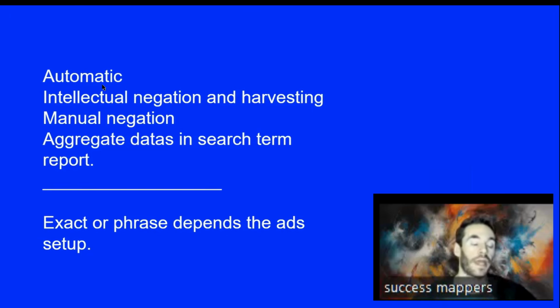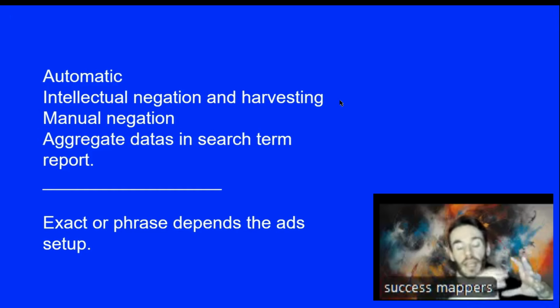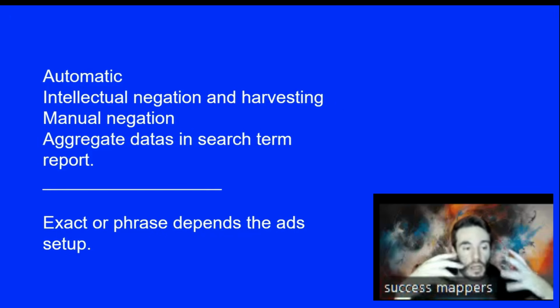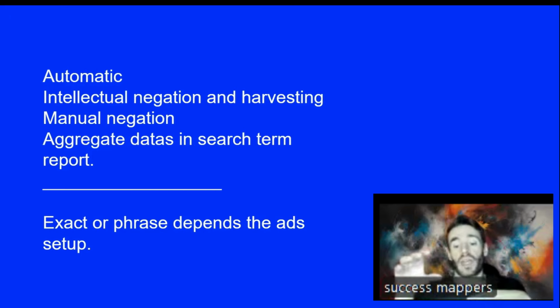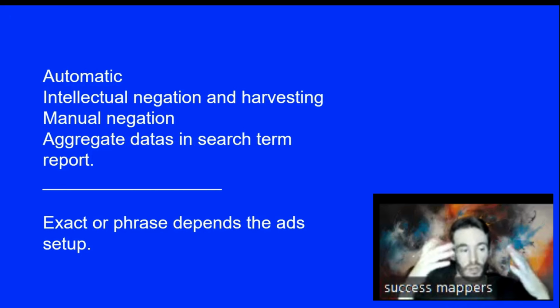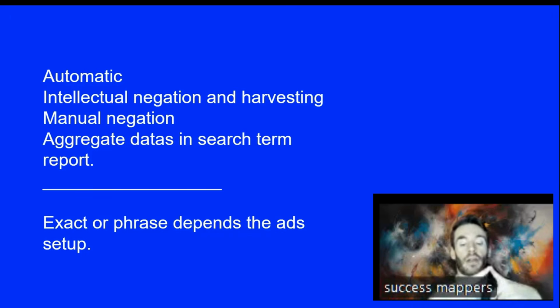There is a different way to do harvesting. There is usually an automatic campaign or a broad campaign. You can do intellectual negation and harvesting. So instead of having an automation harvesting and negating, you can do it manually. So you can go check, aggregate the search term, and then when you see a search term that is good, that makes sense intellectually, you can create a campaign manually to do that. It's something that you can do. Manual negation.